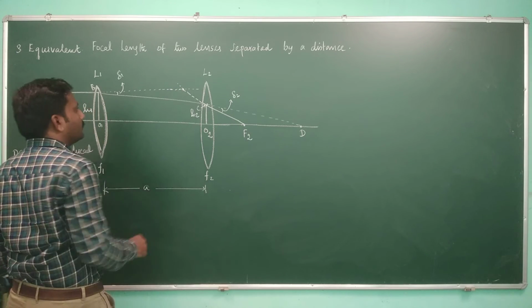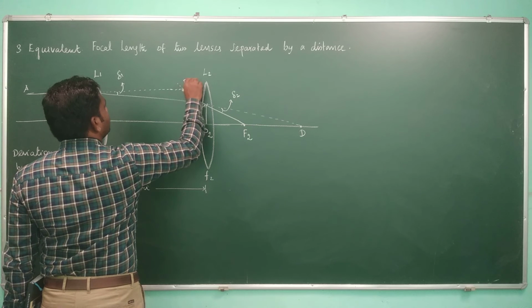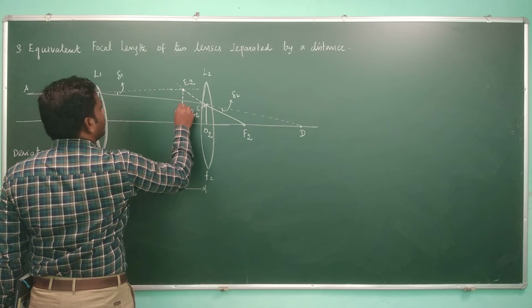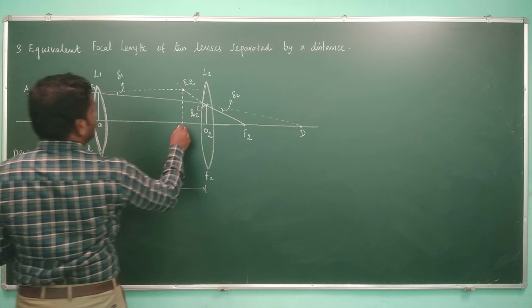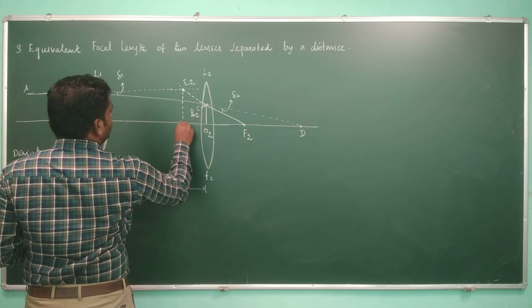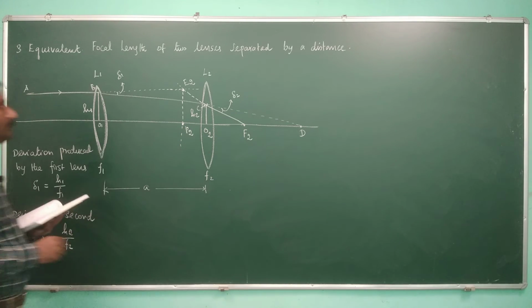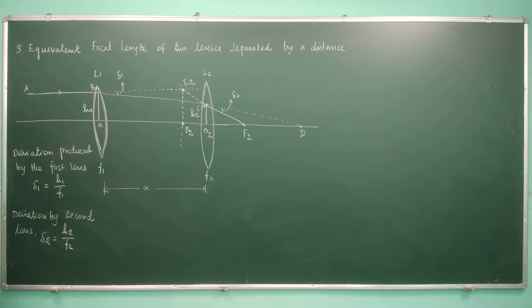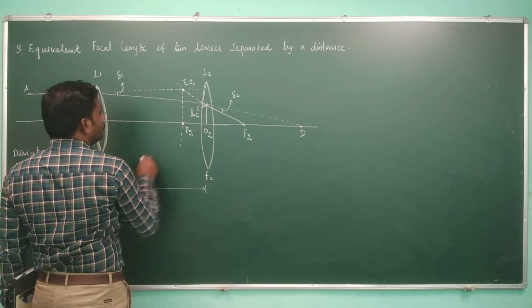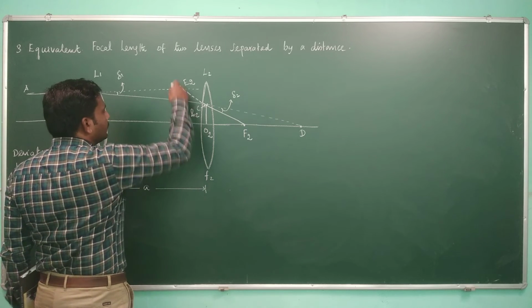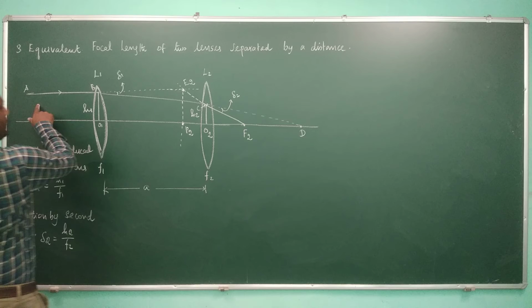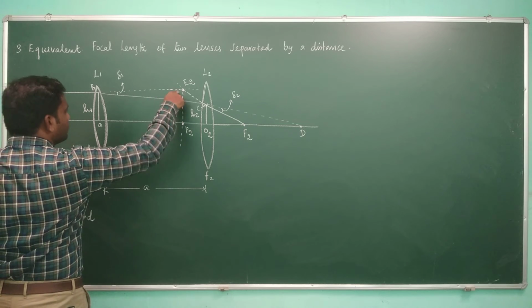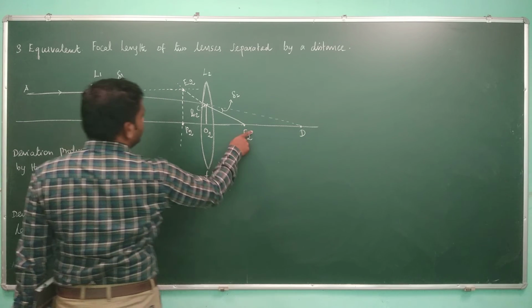Let us denote this point as E2, and draw a line towards the optical axis, and let us denote this point as P2. Assume that this plane E2P2 is a plane where, if you put another lens, the incoming light ray will get a refraction at this plane, and that will focus to the point F2.